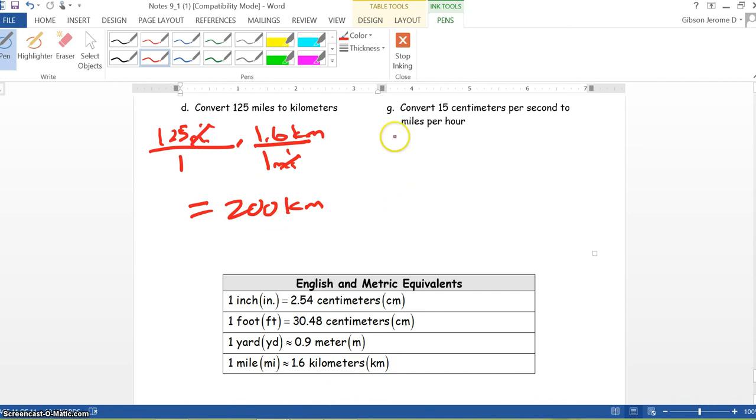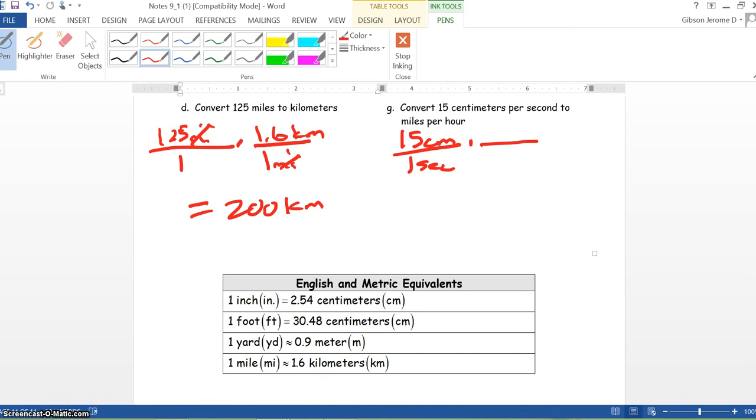So that's 200 kilometers. Now we gotta convert 15 centimeters per second to miles per hour. So it's 15 centimeters per 1 second. And we want to change that to miles per hour. Now miles is in kilometers. So we need to figure out how many centimeters are in a kilometer.